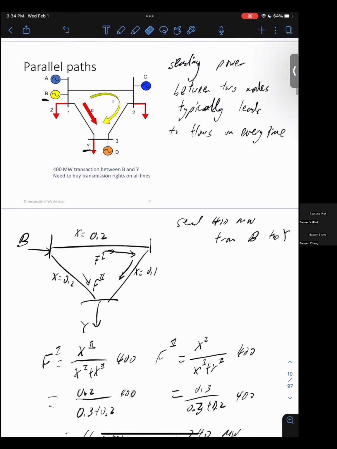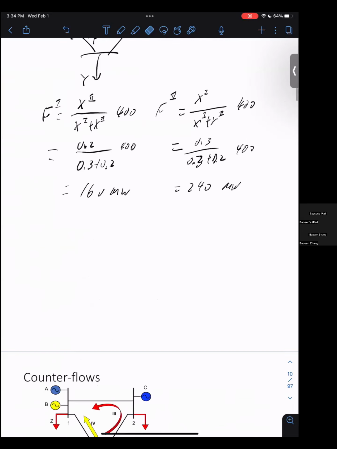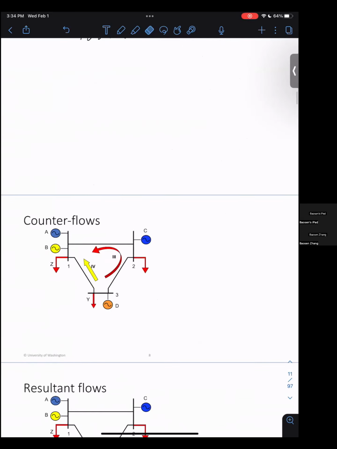Then you have flows that may violate the constraints. So now what you can do is, again, let's say I try to send power this way, backwards. If Y wants to buy from B, what saves you is, let's say, D tries to sell to Z, and then the flows cancel out.